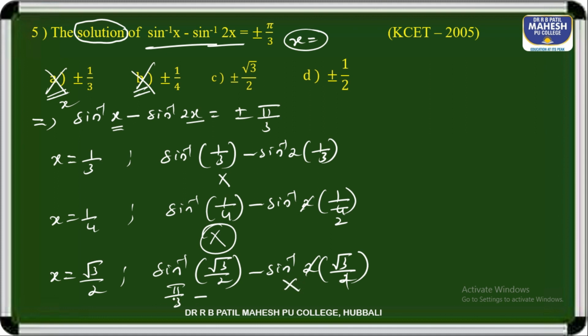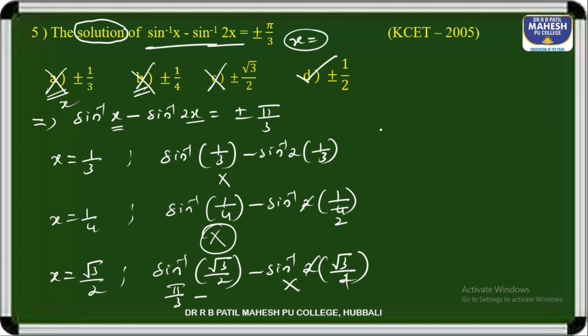No. Then do you think this is going to be pi by 3? No way. So x equal to root 3 by 2 is also not the x value, means option C is also not correct. Do you expect me to take option D and solve like this? No, because option A is not correct, B is not correct, C is not correct, and 100% D is going to be the correct answer.